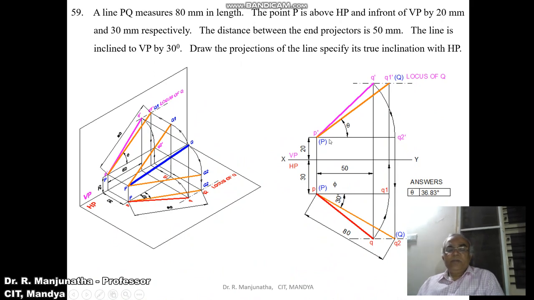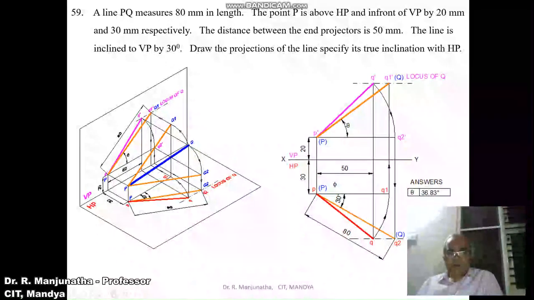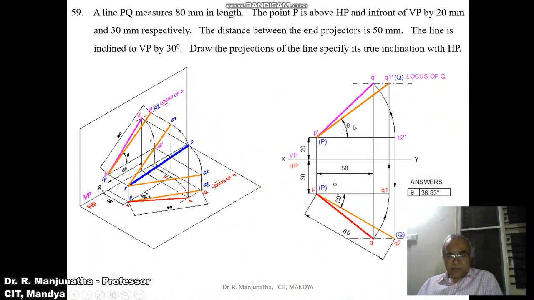So this is how you will be able to solve the problem and show the dimensions of 20, 30, 50, 80. Then you measure the angle with respect to P dash Q2 dash and mark this point as theta. Since he has given only the true inclination with respect to HP, by using the protractor, you measure the angle of P dash Q1 dash with respect to P dash Q2 dash, that is the horizontal line.